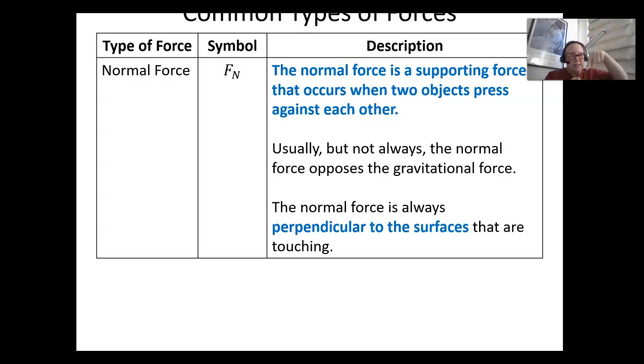I am pressing down into the floor, and so that's a normal force that I'm exerting on the floor, but also the floor is exerting a normal force on me that supports me and keeps me from falling through. The normal force is always perpendicular to the surfaces that are touching.